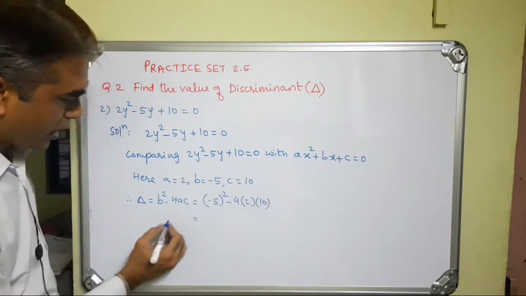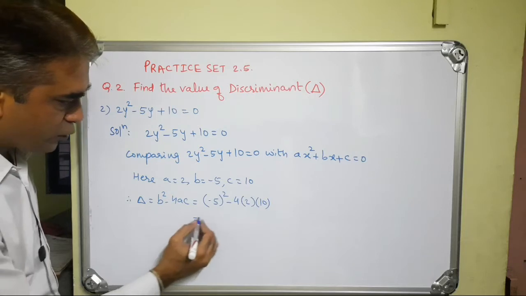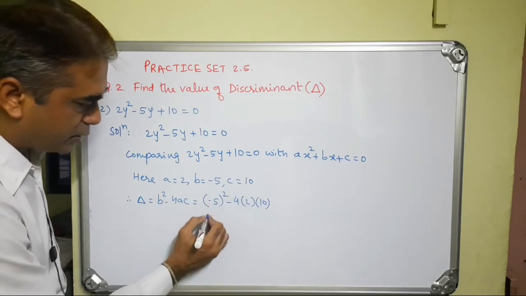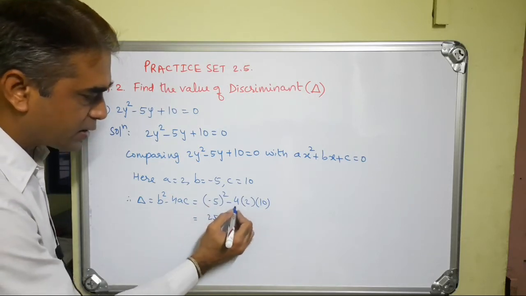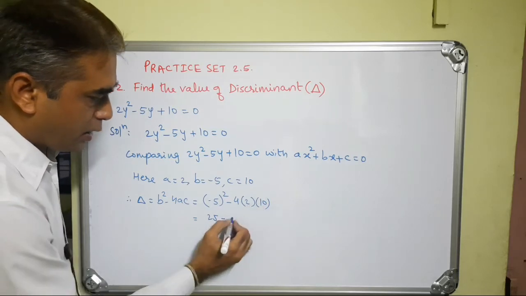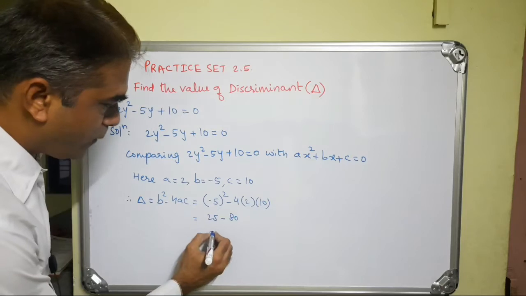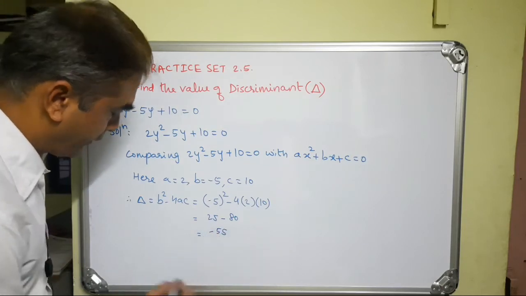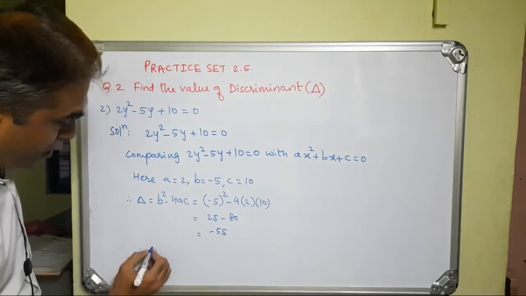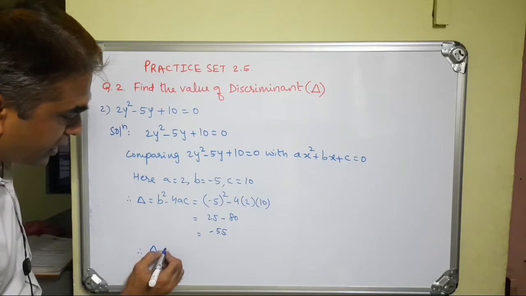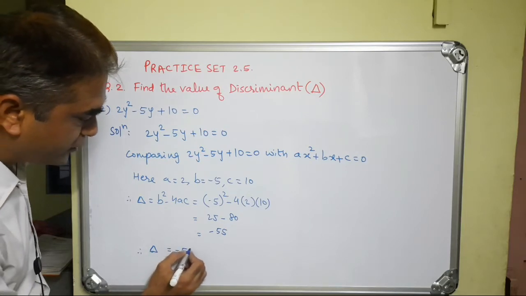So delta equals negative 5 square is 25 minus 8 tens are 80, and this equals minus 55. Therefore discriminant, that is delta, equals minus 55.